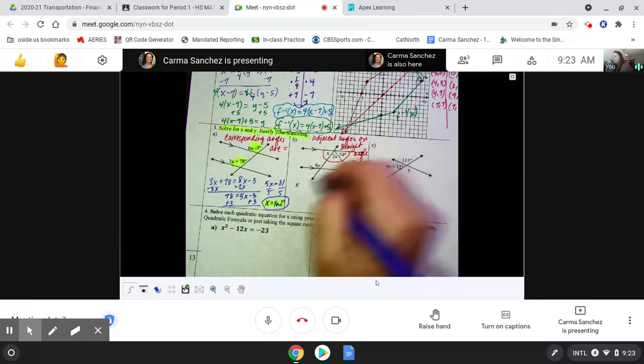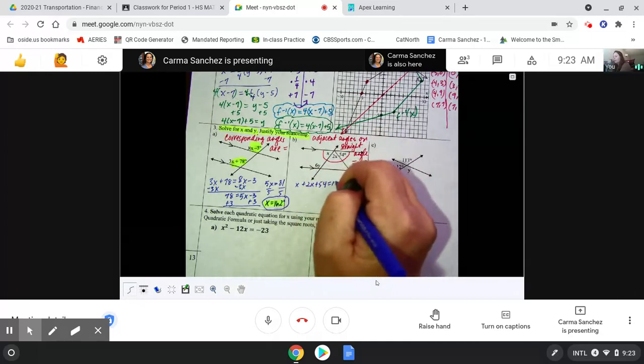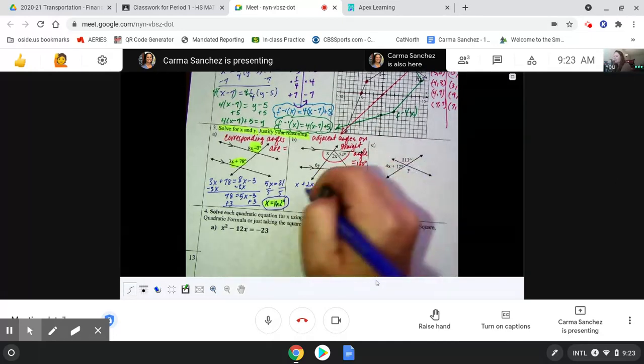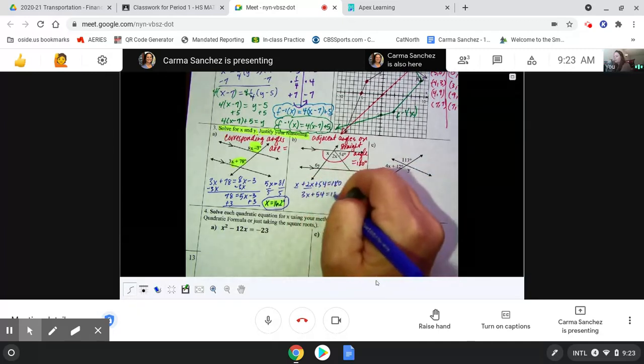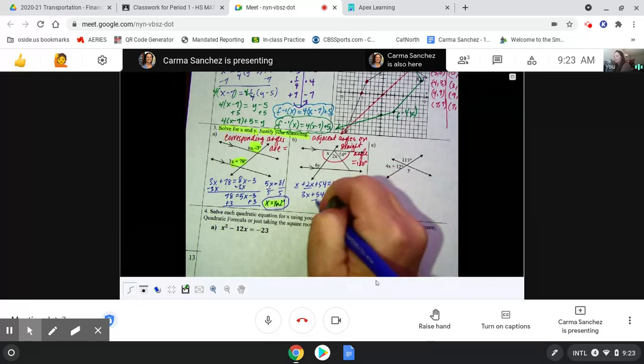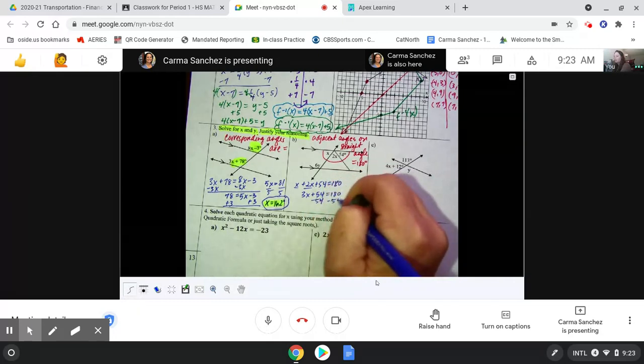x plus 2x plus 54 equals 180. They're supplementary. 3x plus 54 equals 180. Subtract 54 from both sides.